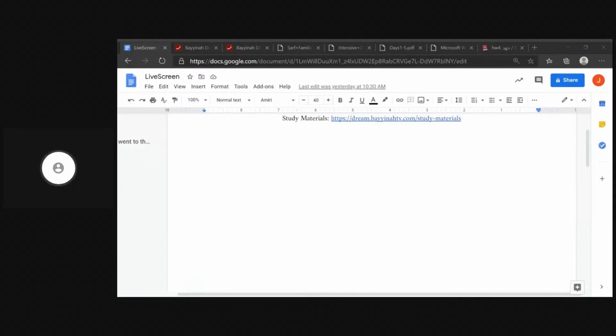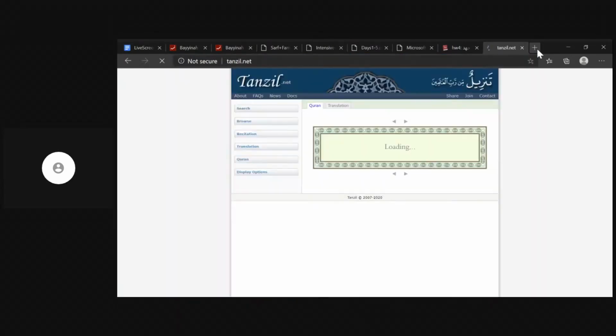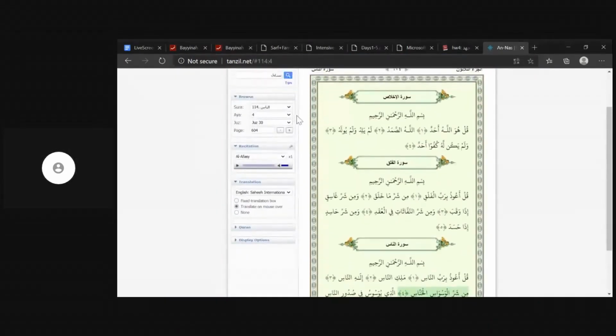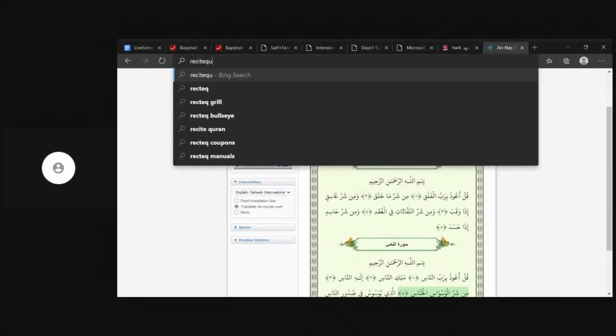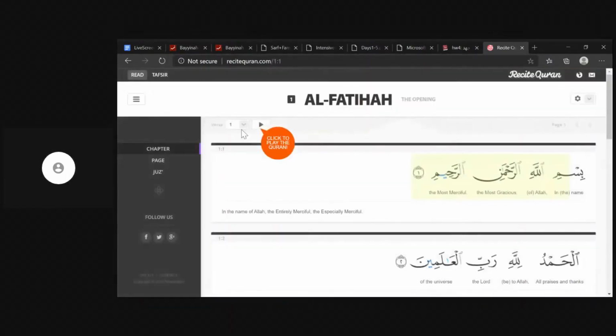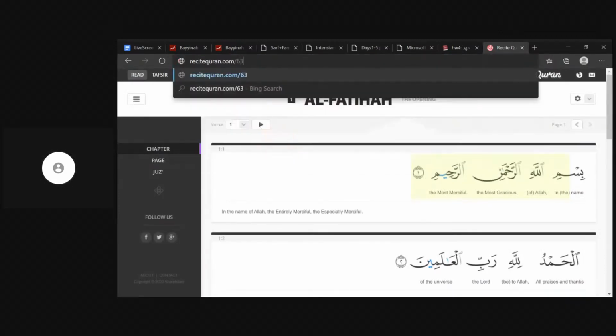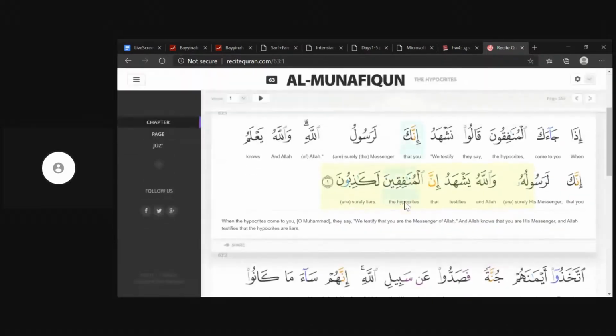Why is the word Rasulu Rafa' in Ayah 1 of Surah Al-Munafiqun? Okay, let's look at it. Actually, let me use the website. That'll be easier for you guys to see. I think it was 63, right? Yes, okay.